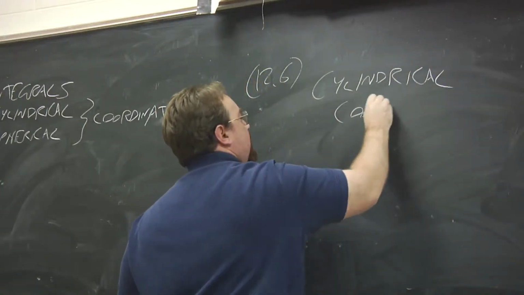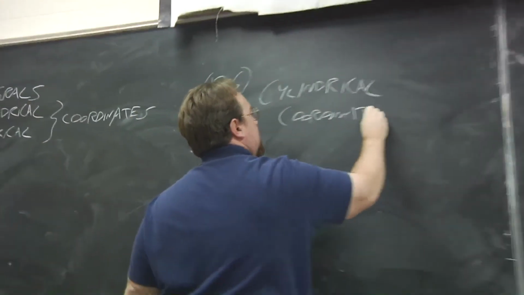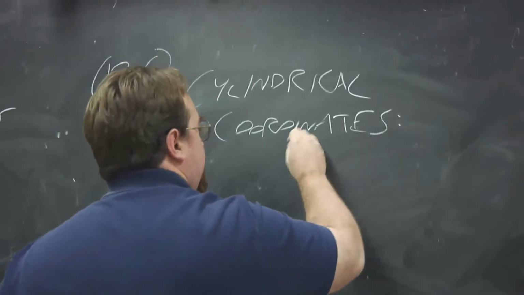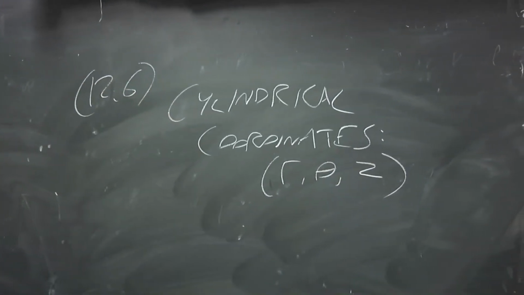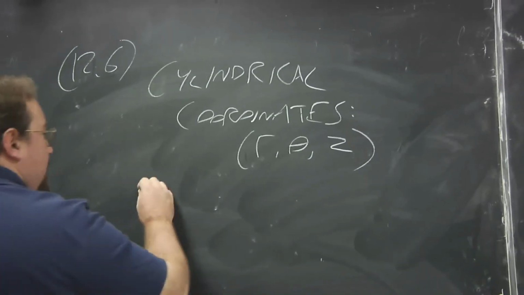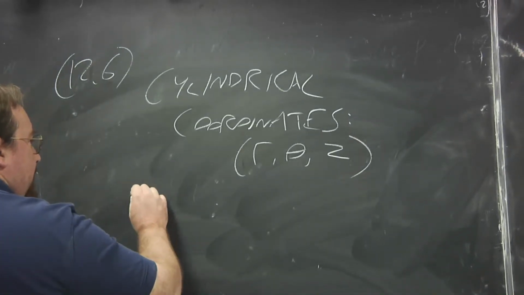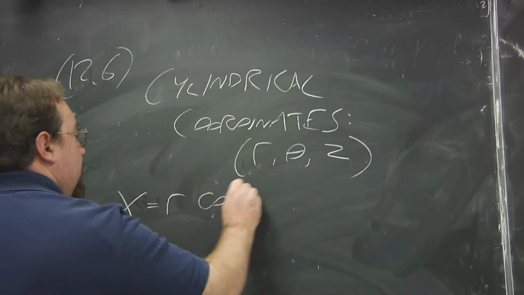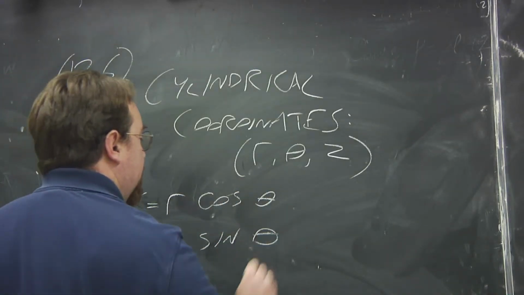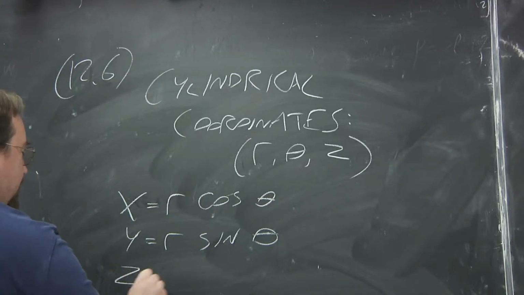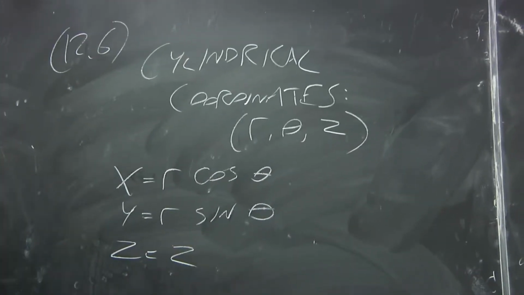So cylindrical coordinates, we have r, theta, and z. The relationships would be x is r cosine theta, y is r sine theta, so exactly the same as what you see in polar, and z is, well, z.